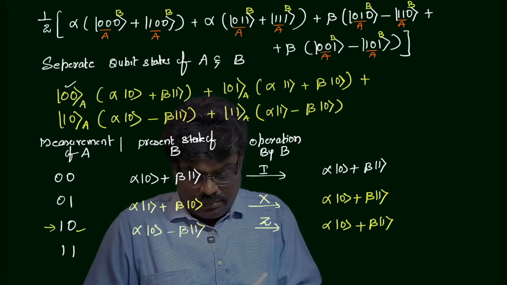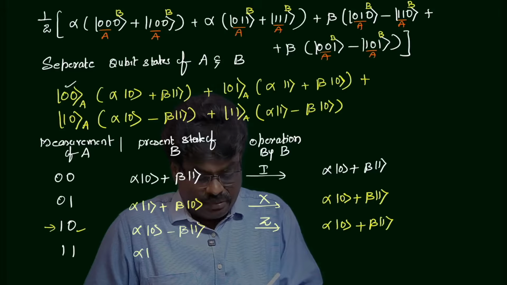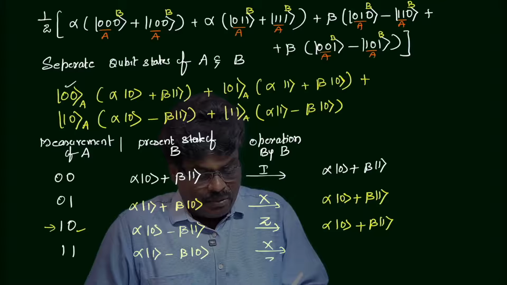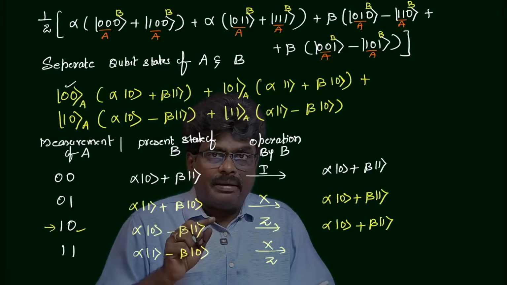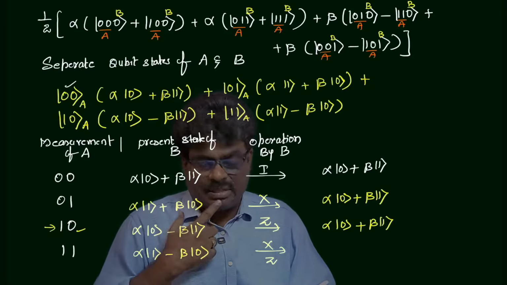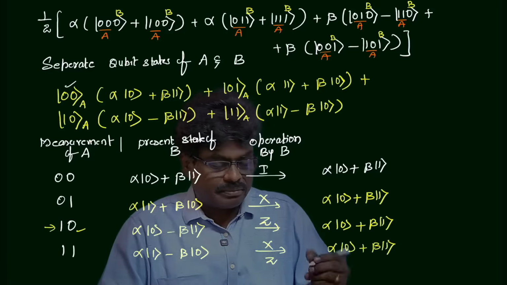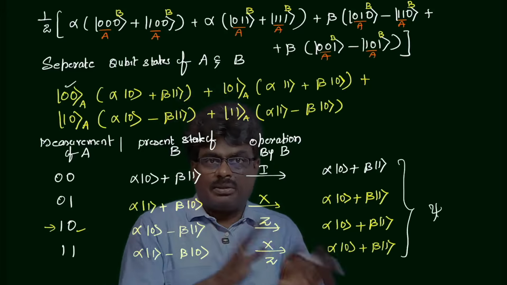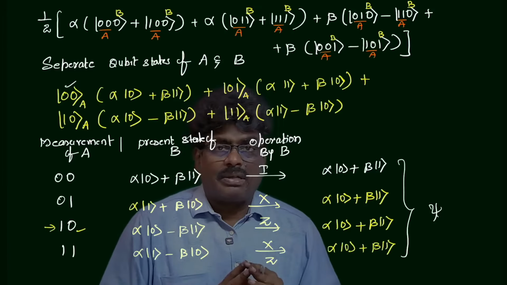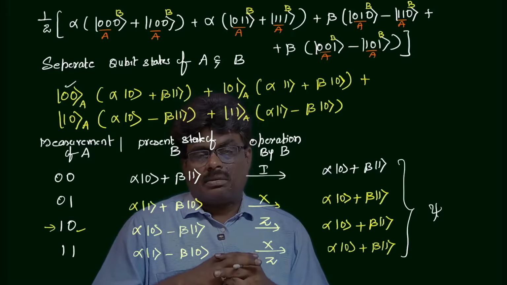And next, if A got the measurement result 1 1, the present state of B is alpha 1 minus beta 0, then he will operate both X and Z. So 0 to 1 flip, and 1 will get an extra phase factor. So this becomes alpha 0 plus beta 1. So this is the state A wants to send to B, and finally the quantum information reached B. So this is quantum teleportation.